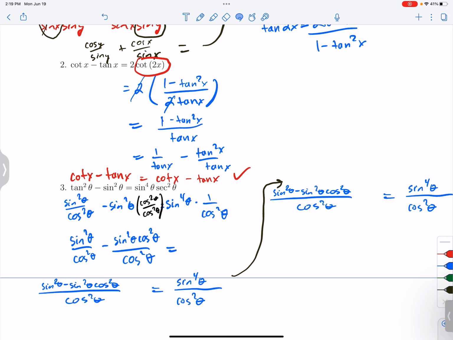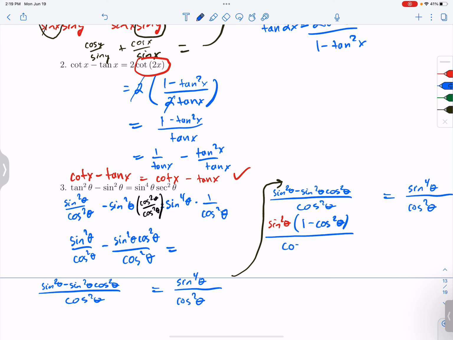Okay, now one thing that we can do is in the numerator on the left, I can factor out a sine squared theta, and I have 1 minus cosine squared theta. And 1 minus cosine squared theta is just a version of the Pythagorean identity, right?